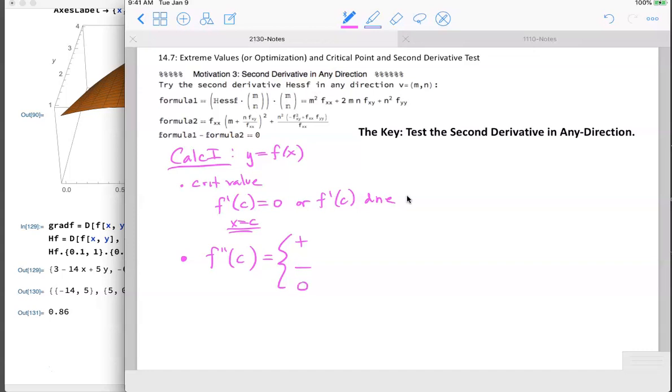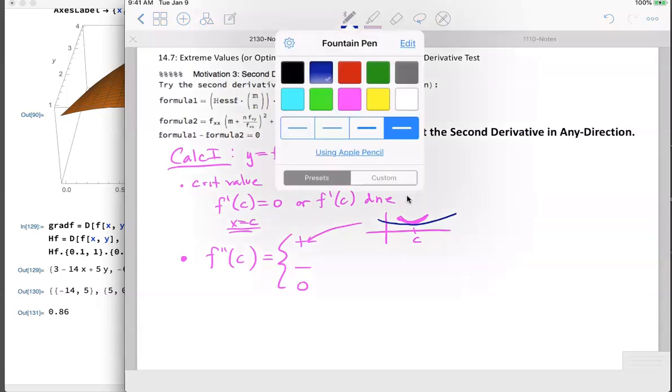Okay. If the second derivative came out to be positive, we knew that whatever this function was doing at the value of c, the function had to have a quadratic approximation that was facing upward. So maybe the function looked something like that little pink smiley face facing upward at that point.